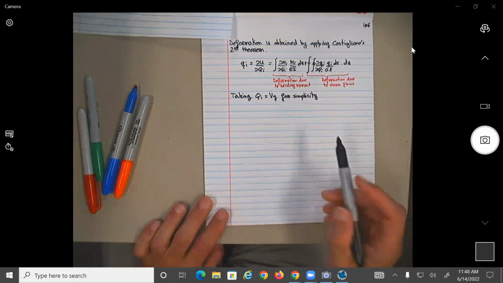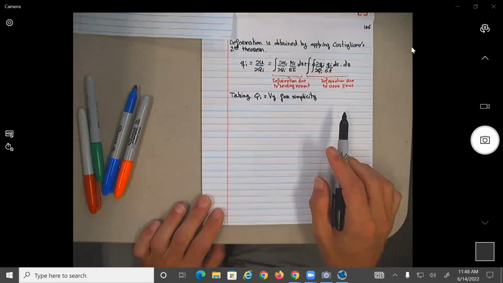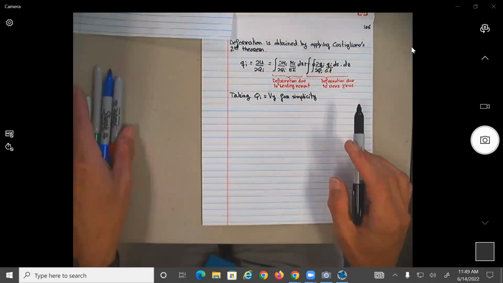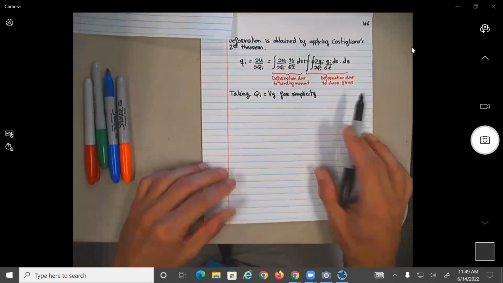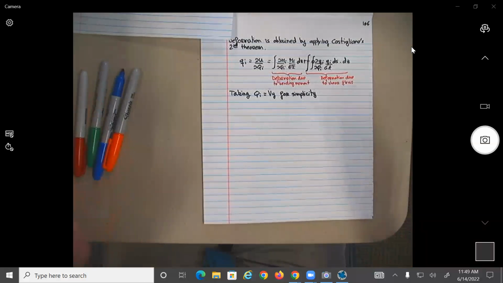All right, so let's first find the deformation due to bending, and then the one due to shear. The one due to bending is the easy one. The one due to shear is the one that requires a lot of work, and it doesn't add much to the result, but it is what it is.